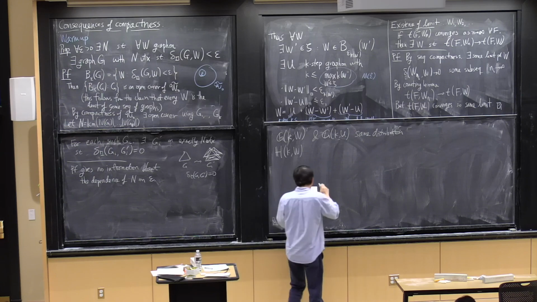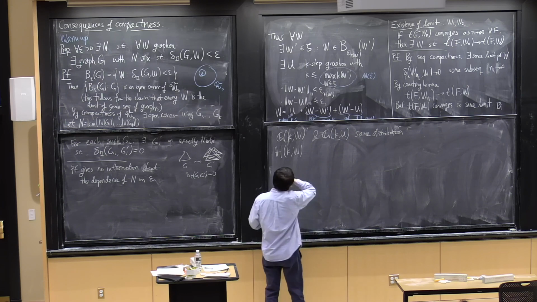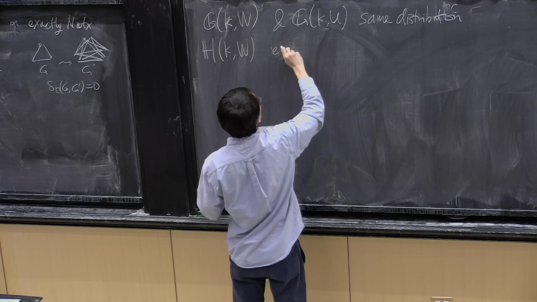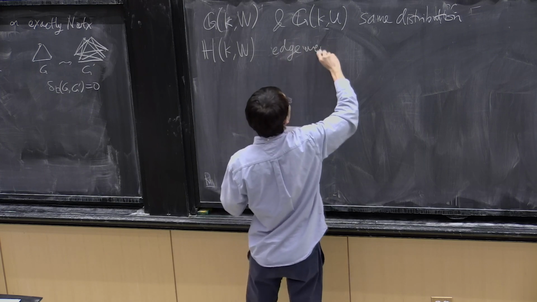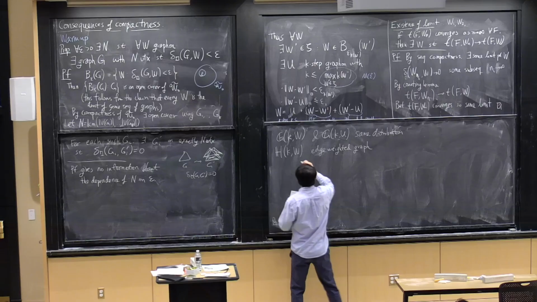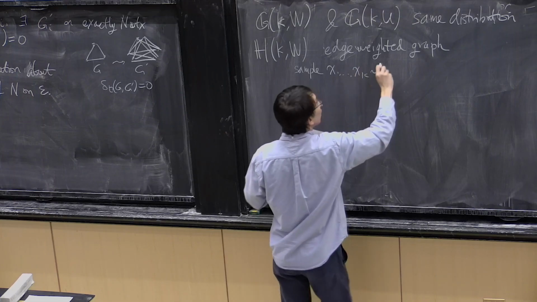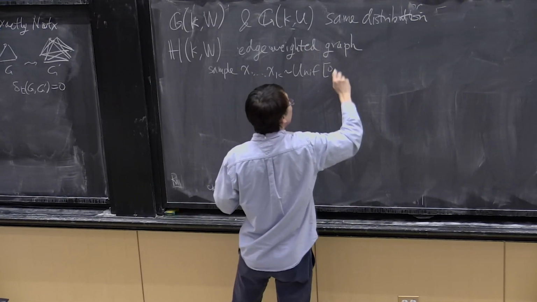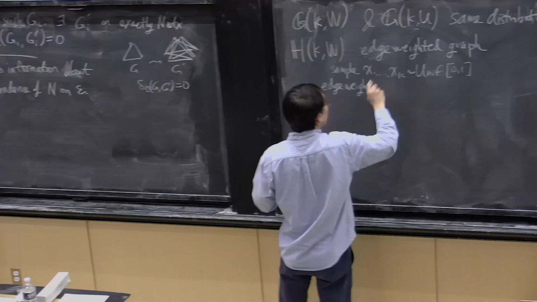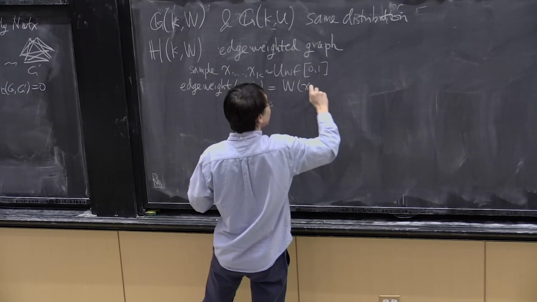So I only keep a weighted graph, think of this as an edge-weighted graph, where you sample x1 through xk uniformly between 0 and 1, and I put edge weight between i and j to be W of xi, xj.